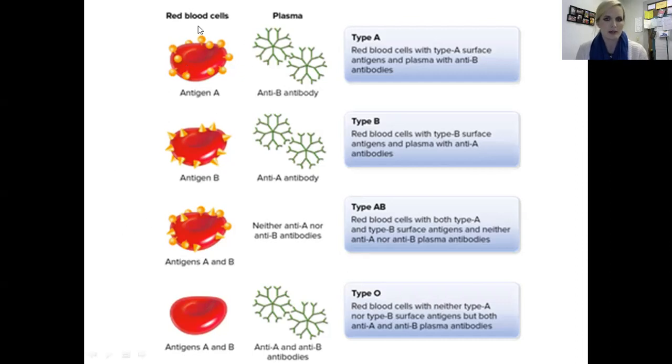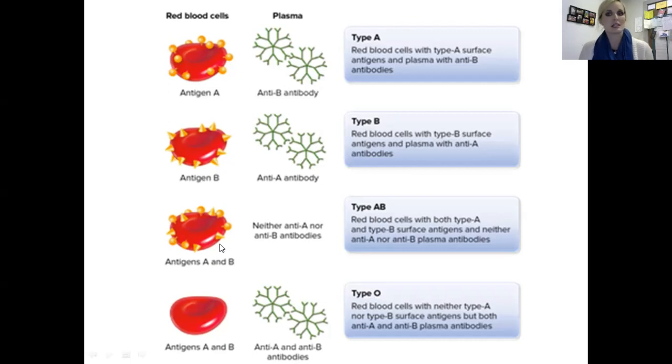So look up here at type A. Notice they have the A antigens. If I try to give that to type AB, that would be okay, because somebody who is type AB already sees the A antigen as something that's good and something that belongs, so therefore they're not going to fight off that A antigen. Same thing with receiving blood from somebody who is type B.